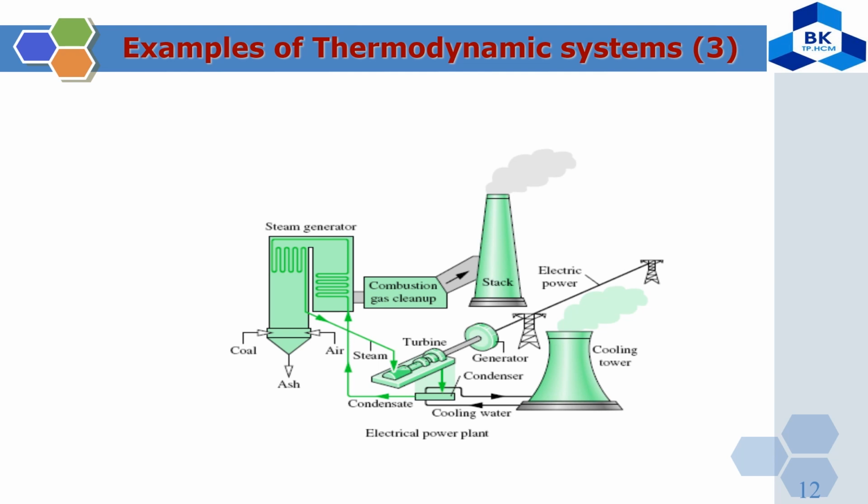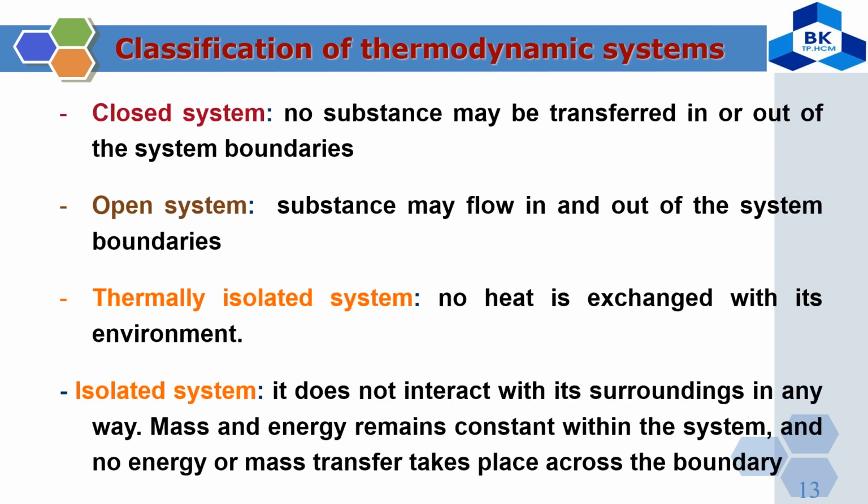Work means it runs the generator to produce electricity. So we have heat, work, hot source, substance and cold sink. And the boundary, of course, is the system itself. So again, the electrical power plant, in this case, is a thermodynamic system. Alright, that is about the thermodynamic system.